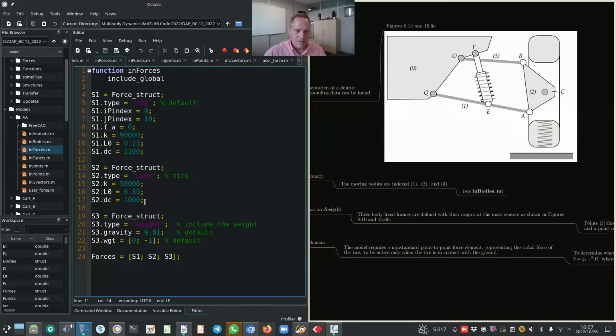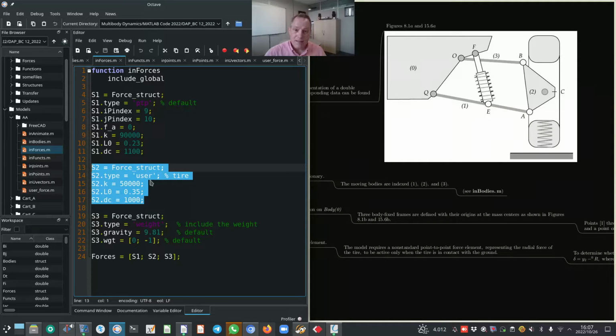Okay, so S2 is really our focus today. This is a user force, and the user force has also been introduced and discussed in detail in lecture 9, where we spoke about the conveyor belt with the block resting on the conveyor belt.